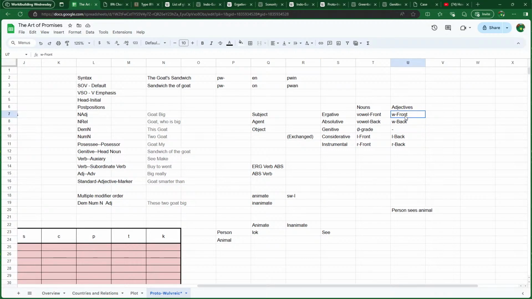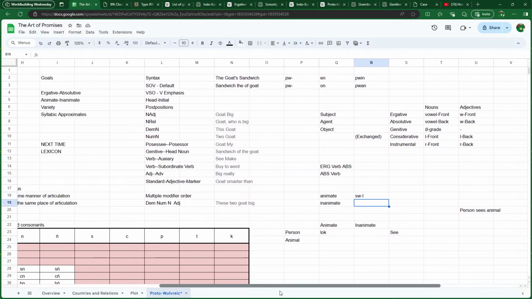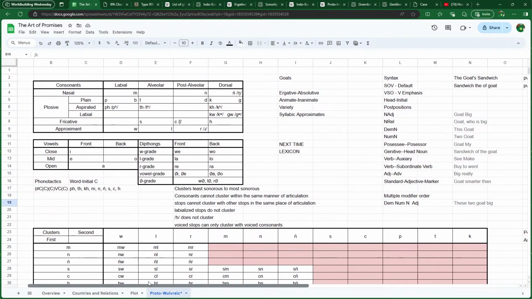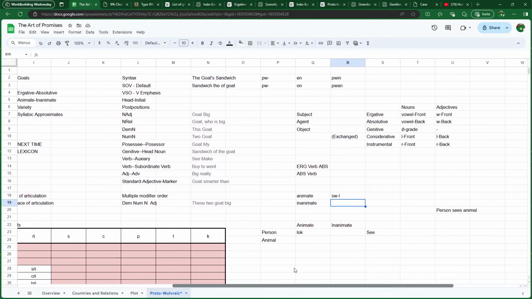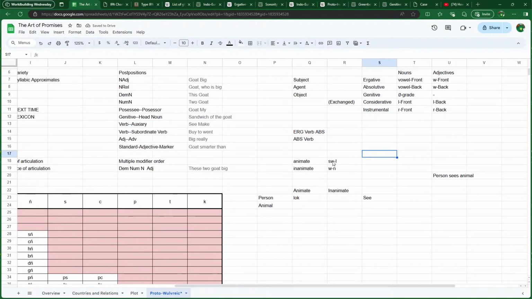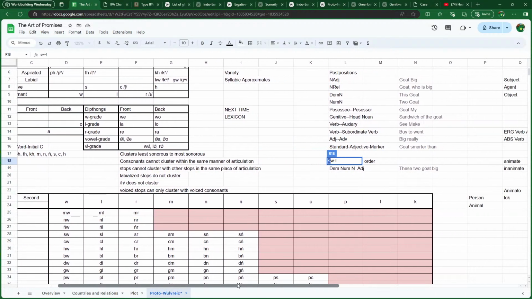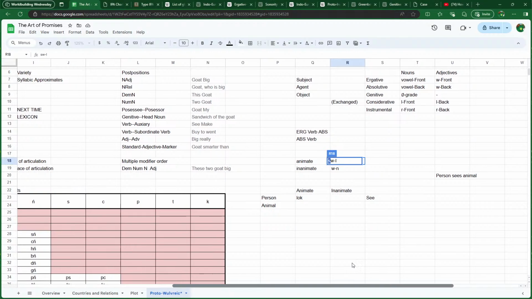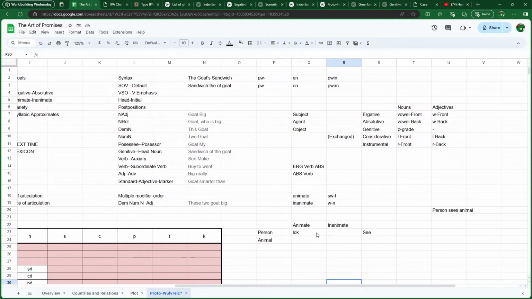But if it's ergative, then it has to use we. So it's swole or swale. And then inanimate, we can have it be won or win. I think this works.